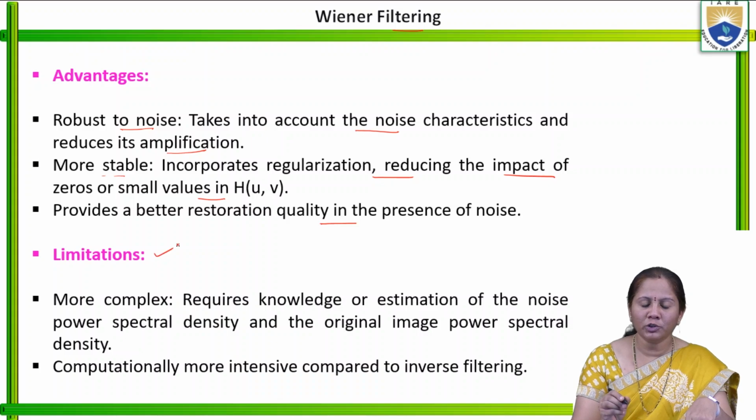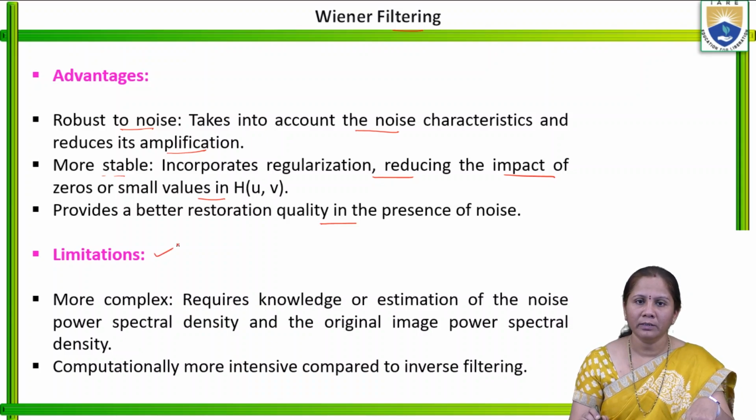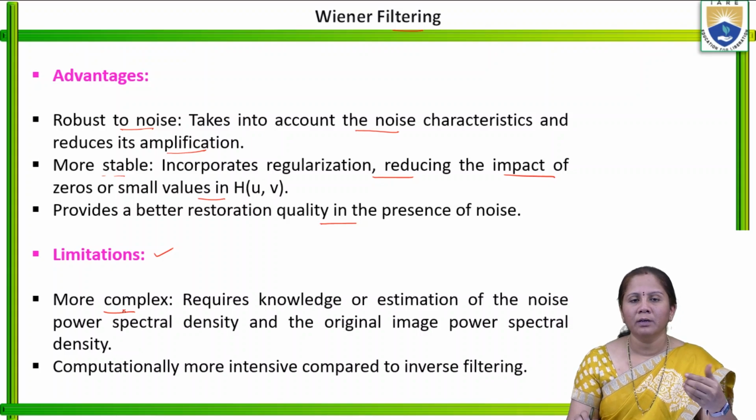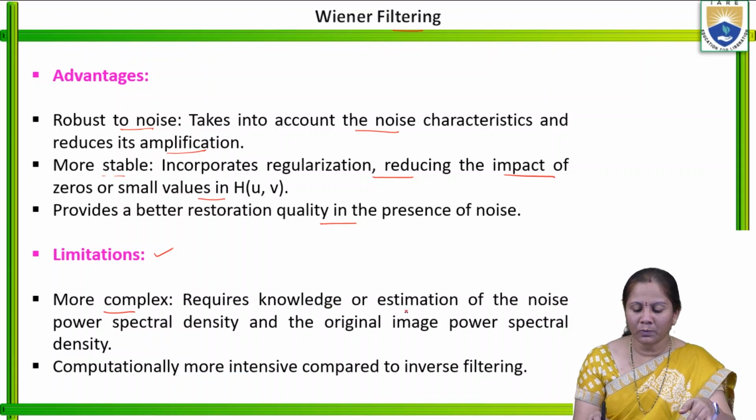The limitations of this Wiener filtering are that it is more complex, because as we have seen in the mathematical analysis, we have the ratio of s eta of u comma v by sf of u comma v, which are the noise and estimated spectrum densities. So it requires knowledge or estimation of the noise power spectral density and also the original image power spectral density.